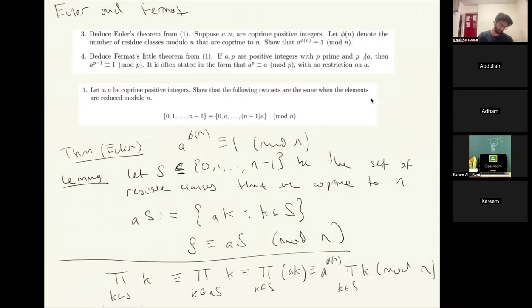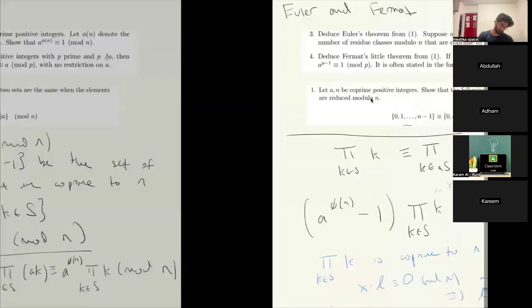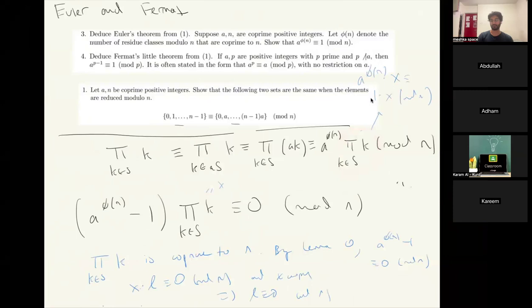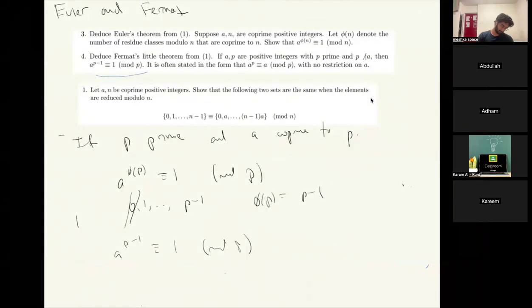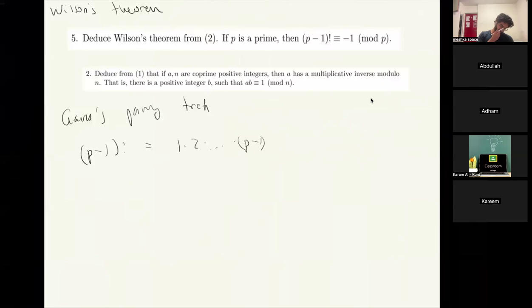So I'm determining what this factor is in the case that n is prime. The comment I was making is that this is equal to the product of K in S of K. And your suggestion is to pair them. And how do you pair them?